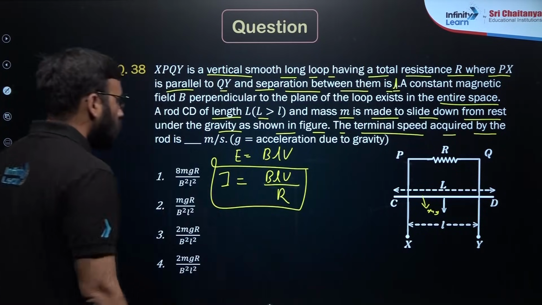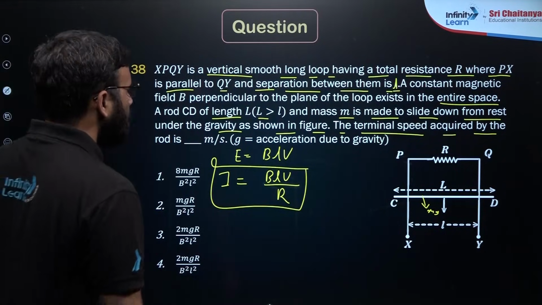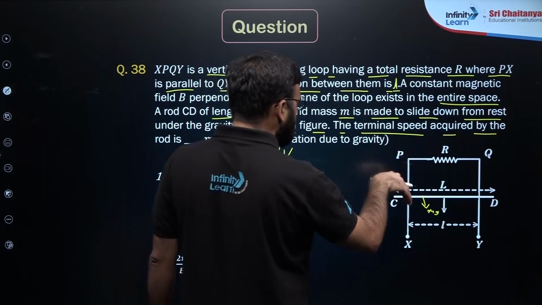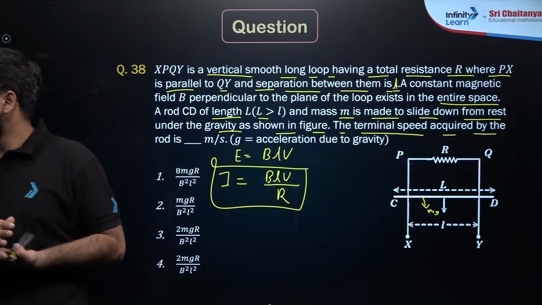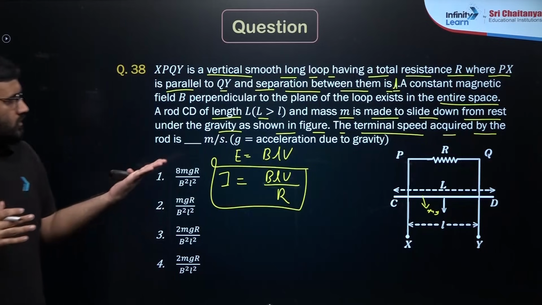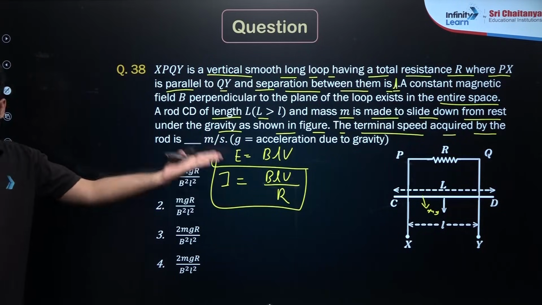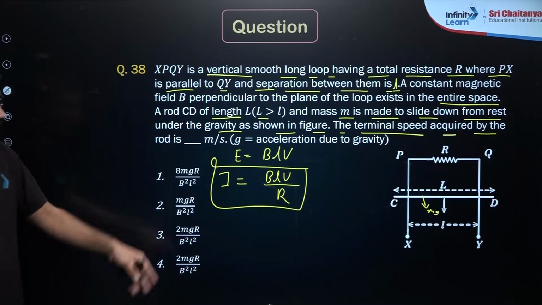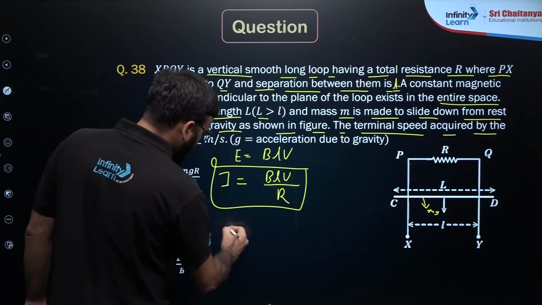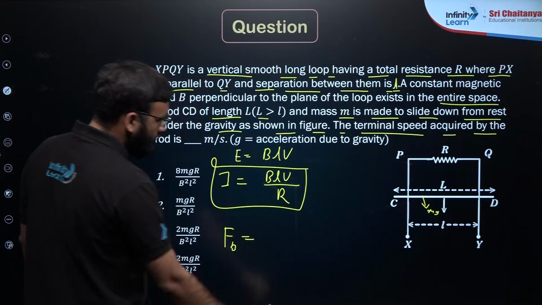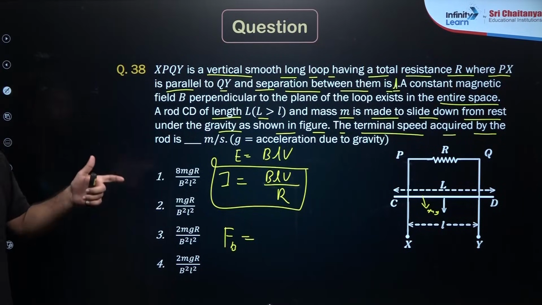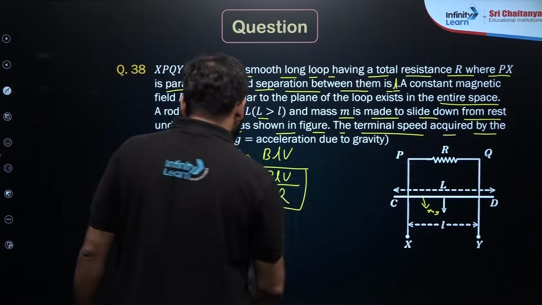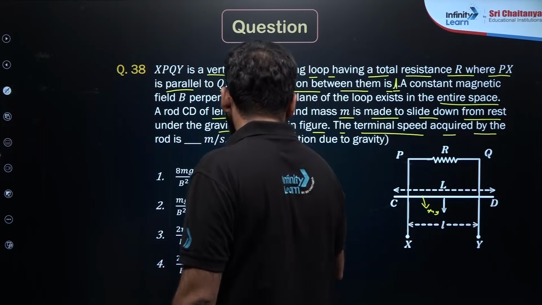When current flows through the rod, the Lorentz force, the magnetic force, is also working. So FB, that is F equals BIL.